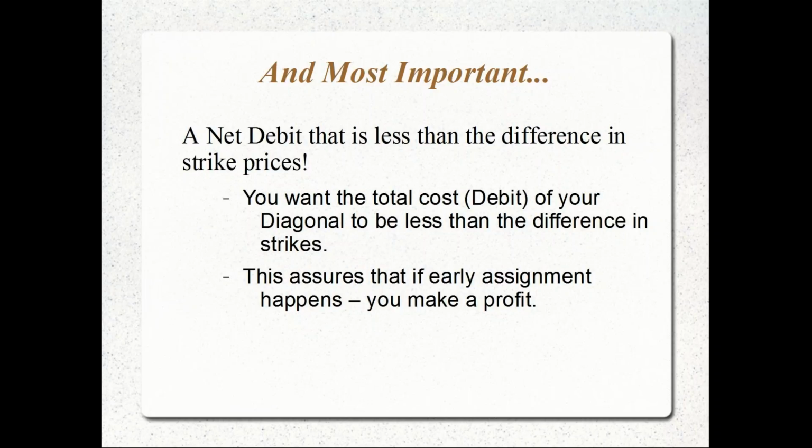If the stock gaps up and we get assigned, on the Apple position, if I had sold the 139 call for Friday's expiration and I bought the 130 for June, I want that debit to be less than $9. So if the stock gaps up in price, I can get out at a profit. Because if you do it where the debit is greater than the difference in strike prices and you're assigned early from an unexpected event, you come out of the position with a loss.